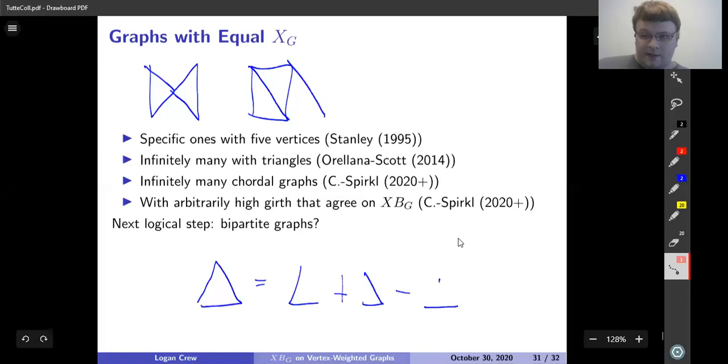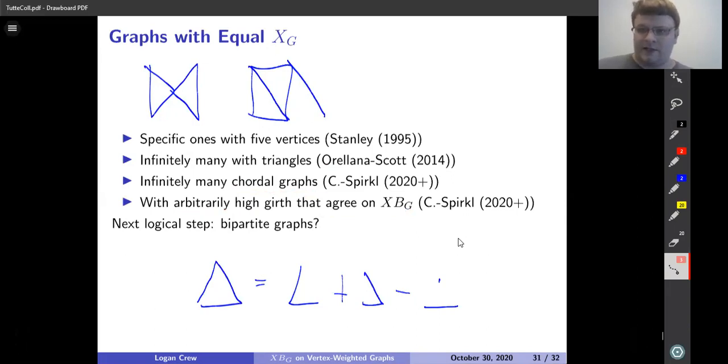And Sophie and I have continued building on this in a paper that's still ongoing. We were able to construct infinitely many chordal graphs, in particular infinitely many split graphs, with the same XG. And more interestingly, I think we were able to find graphs with arbitrarily large girth, that is, graphs where the smallest cycle is arbitrarily large. Previously, all of the known counterexamples, as far as I was aware, had triangles in them.